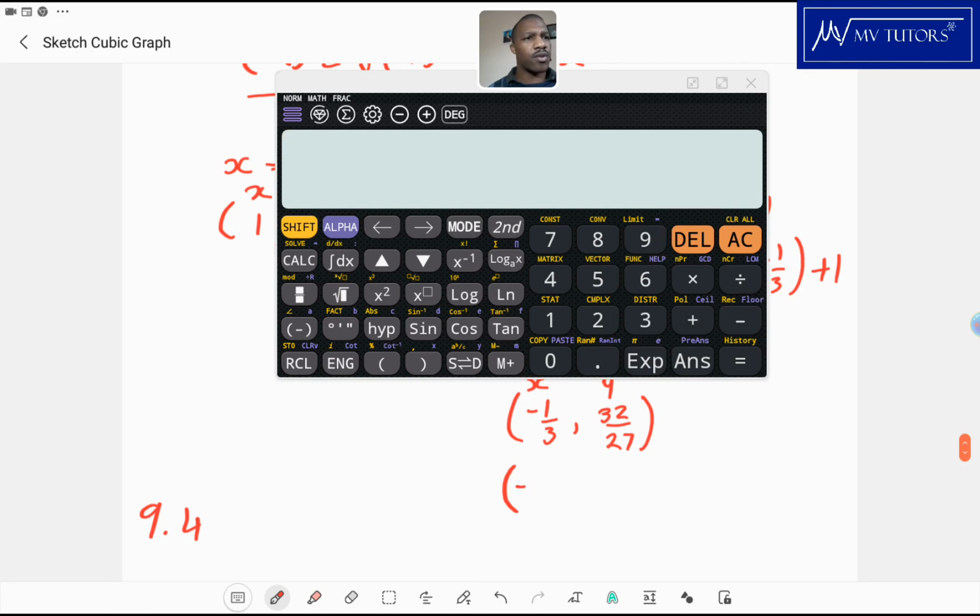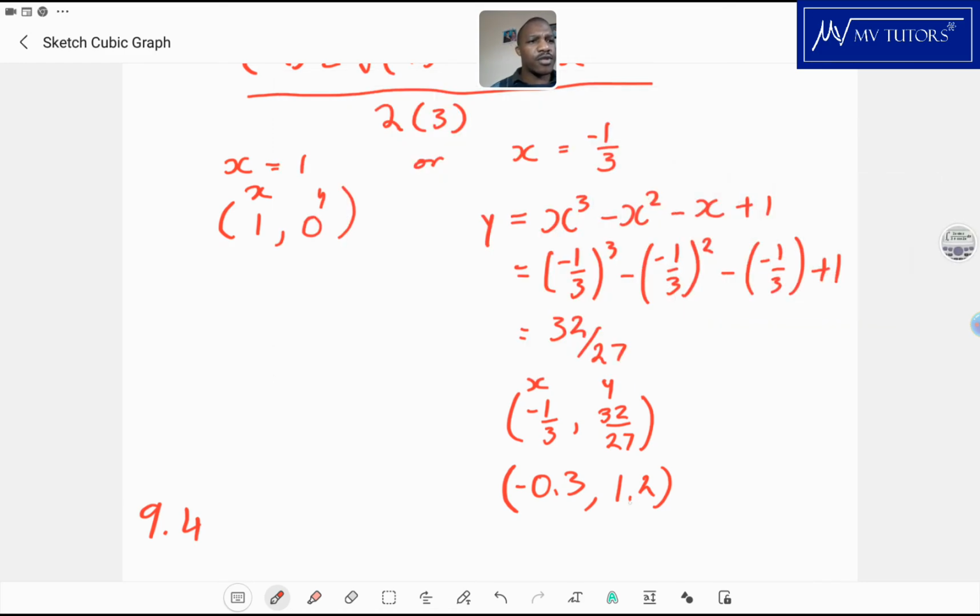So this one is 1 divided by 3. That's 0.3. The next one is 32 divided by 27. So that's like 1.2. Okay, so now that guides me to say my biggest y value is 1.2.